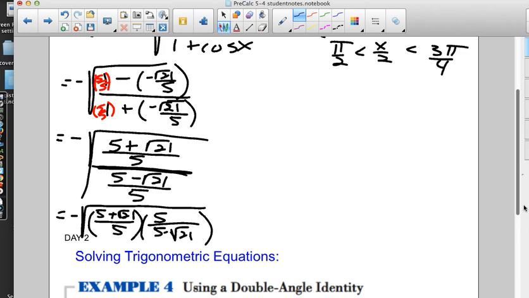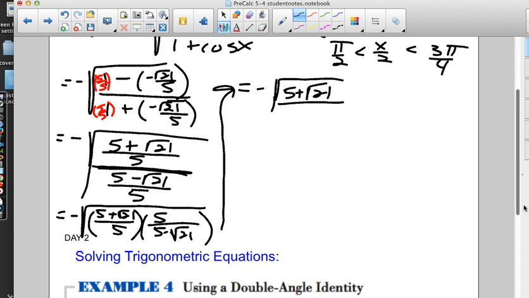Oh, good! One set of 5's cancel. So we'll have negative square root of 5 plus the square root of 21 over 5 minus the square root of 21.